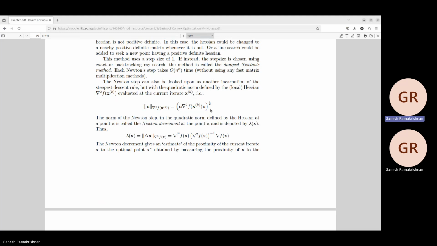That's what we do in gradient descent also, right? If the norm of the gradient or the descent direction is very small, basically 0, then stop. The difference here is I'm looking at lambda, the norm under the Hessian of the descent step. That turns out to be this quadratic expression, gradient transpose times Hessian inverse times gradient.